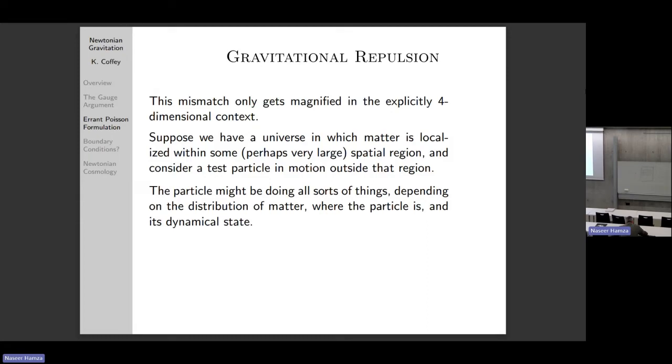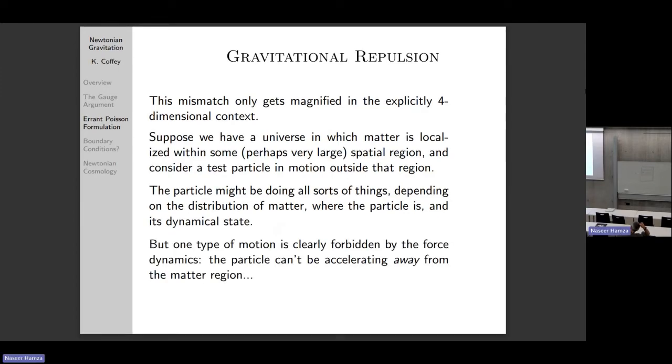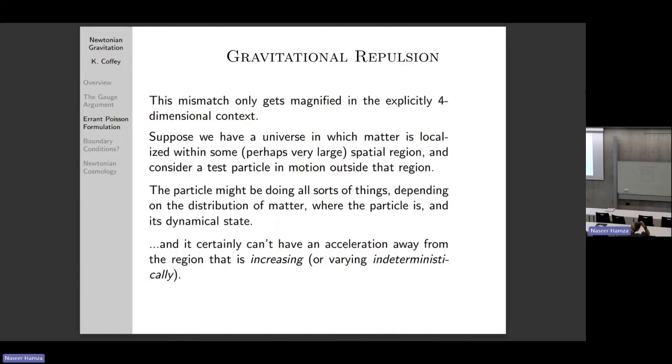Now, that particle might be doing all sorts of different things, depending on its dynamical state. But there's one thing it can't be doing. Right? One thing it can't be doing is accelerating away from the matter region. Right? And it certainly can't have an acceleration away from the matter region that is increasing or varying indeterministically.